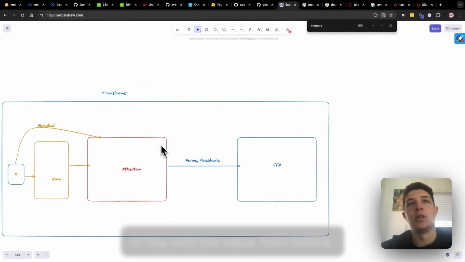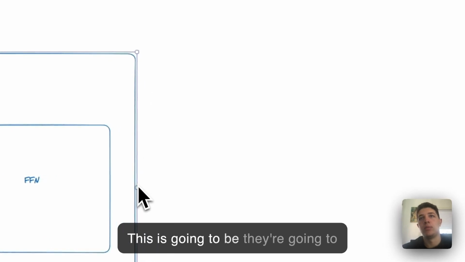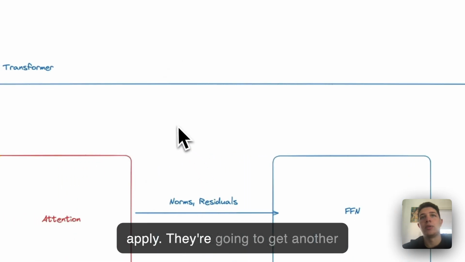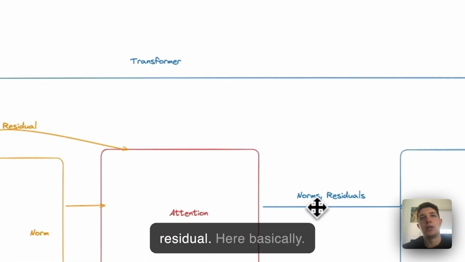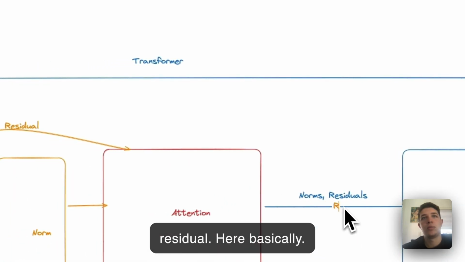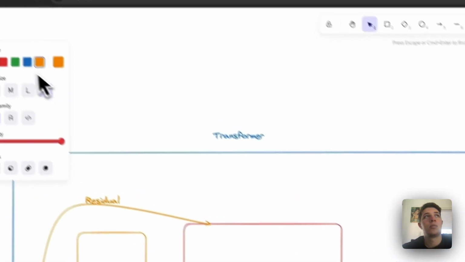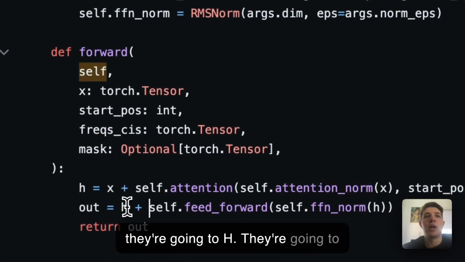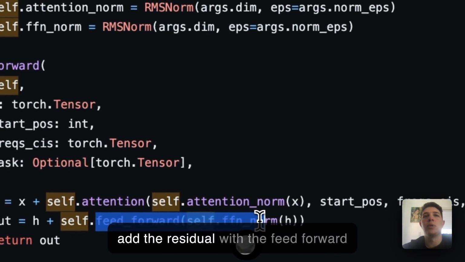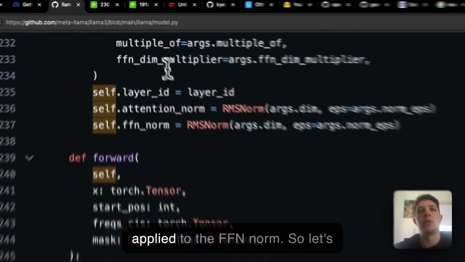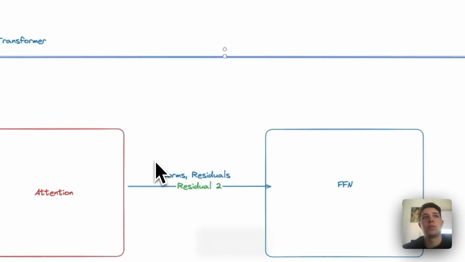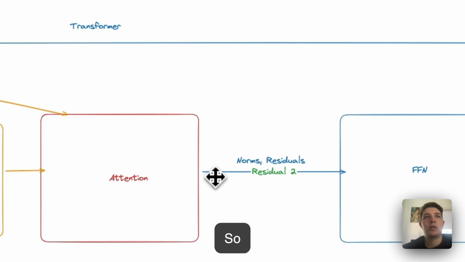And then they're going to get another residual, and here basically. And then they're going to add the residual with the feed forward applied to the FFN norm. So let's visualize that. So attention.